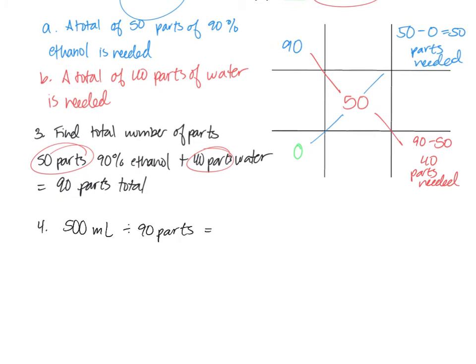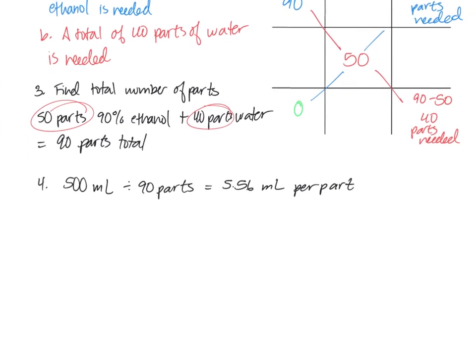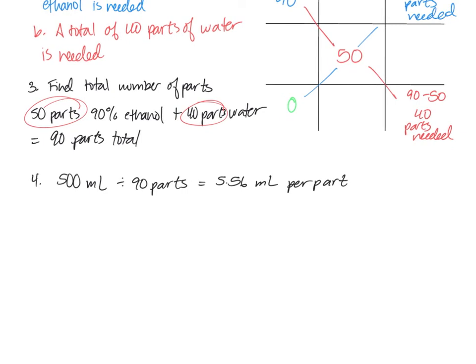And that's going to end up equaling 5.56 milliliters per part. Okay, lastly, fifth step. Actually, there's one more step, but on to the fifth step. We're going to multiply the size of one part, so this one, by the number in the top right of the grid.